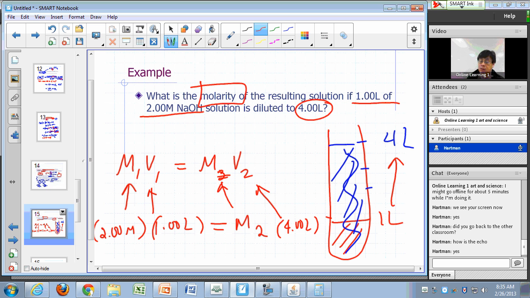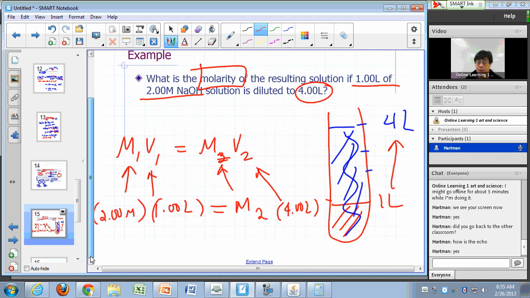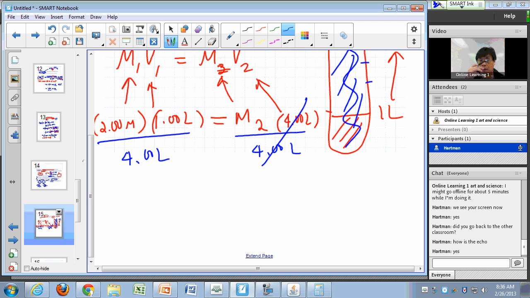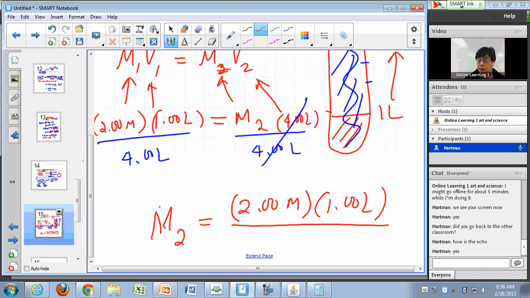So now I can solve for the molarity of my diluted solution. How do I solve for M2? You just divide both sides by V2, which is 4.00 liters. Okay, so 4.00 liters cancels out. So M2 is equal to 2.00 moles per liter times 1.00 liter divided by 4.00 liters.